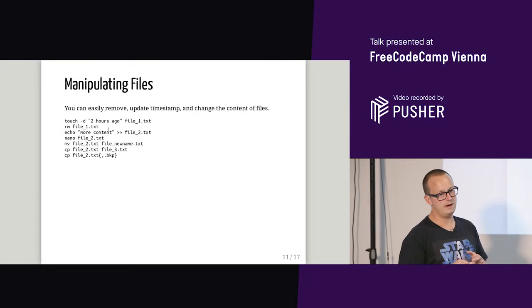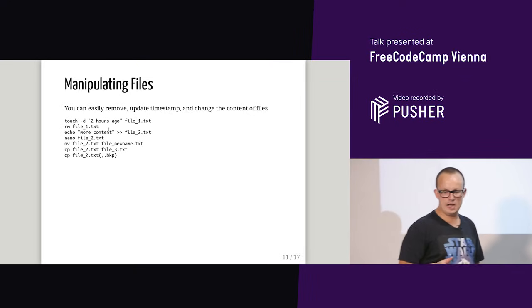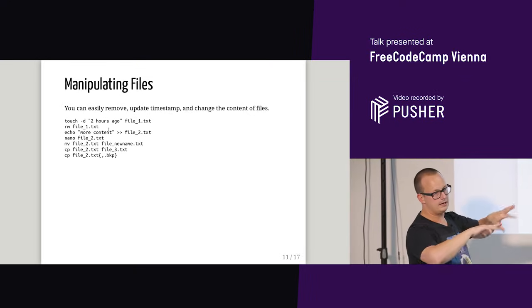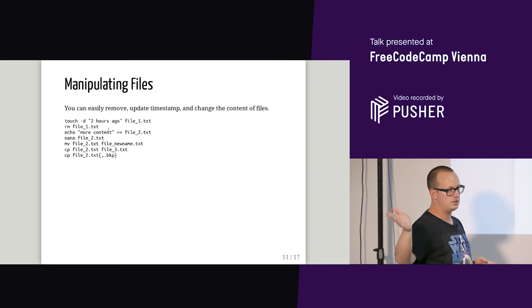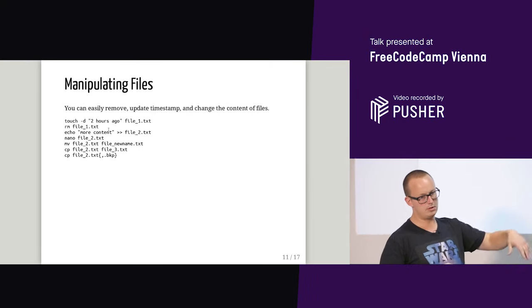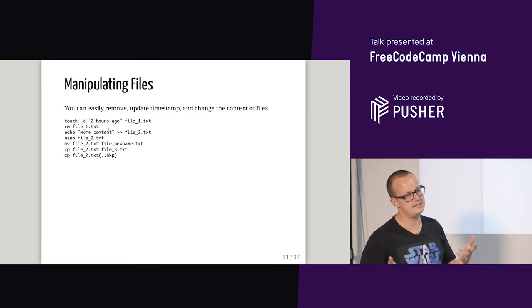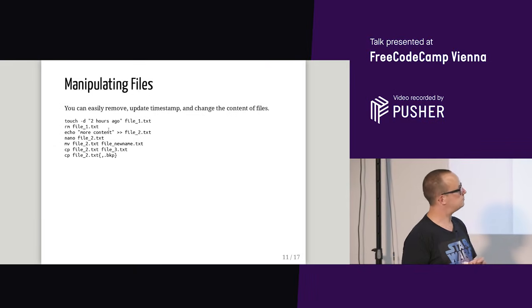So you can do touch with the flag -d for a date stamp, I think. And then you can even specify in clear terms 2 hours ago, and you can also do date formats, and then the file you want to change. Both on Linux, or if you copy it to Windows, it'll appear as if that was the last time it was modified.